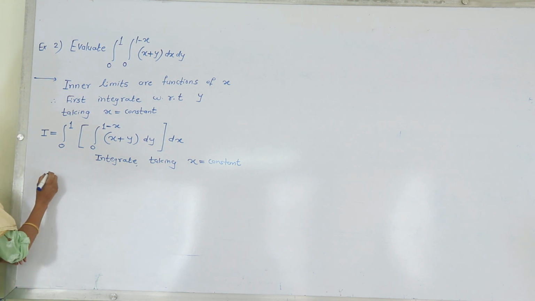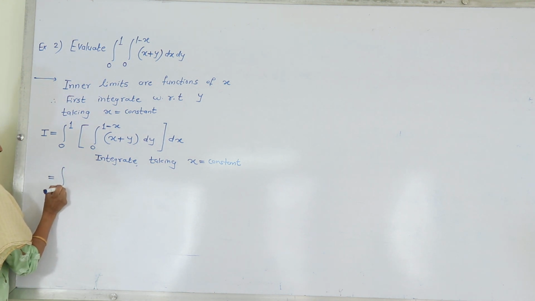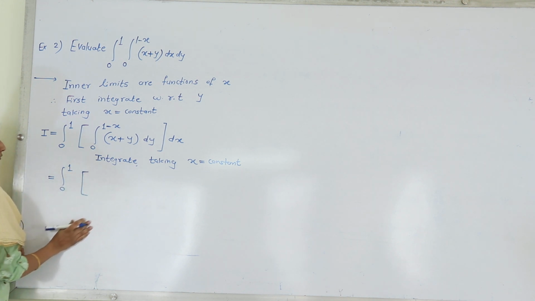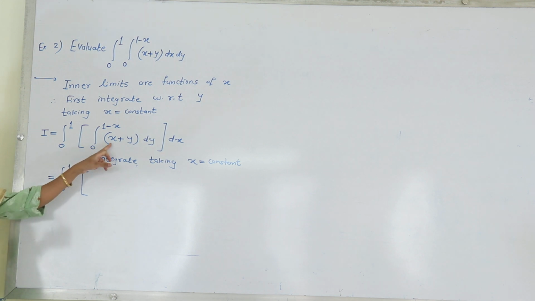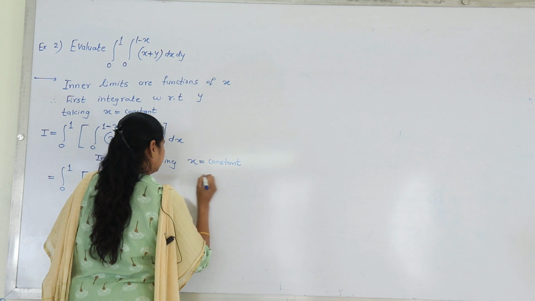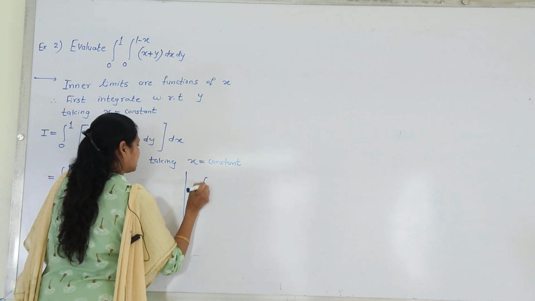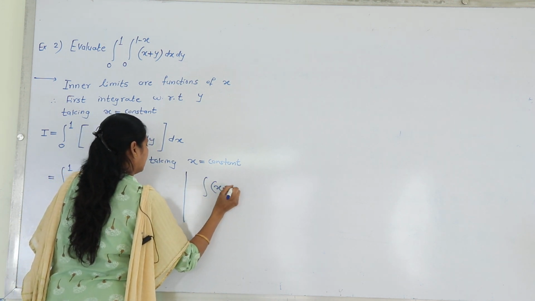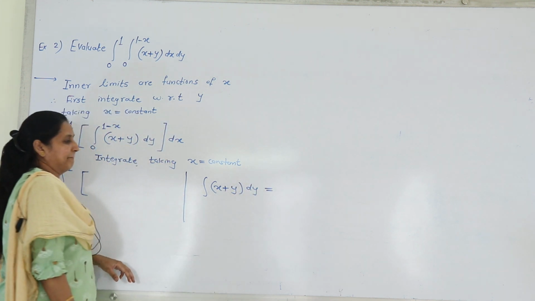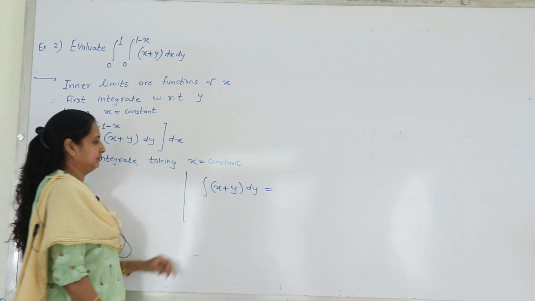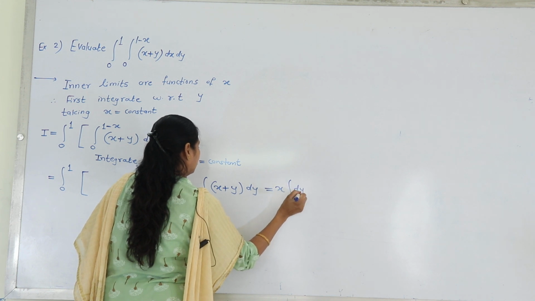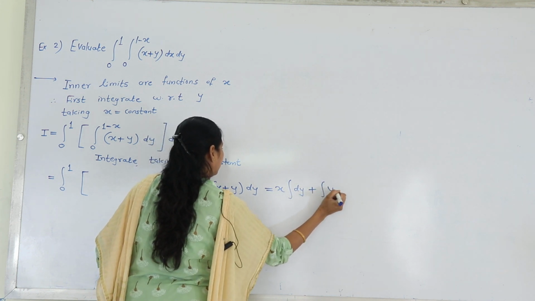Now integration 0 to 1 in bracket integration of x plus y. How is x plus y integrated? Integration of x plus y dy means, now here x is constant, so x should be outside, and integration of only dy plus integration of y dy.